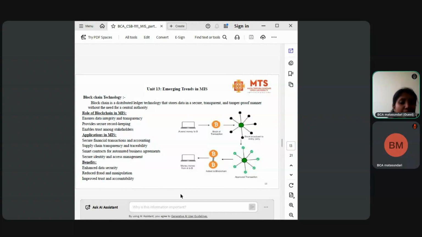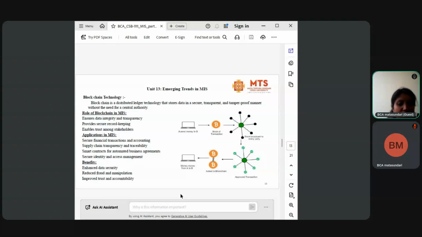The applications: first is secure financial transactions and accounting, and second is supply chain transparency and traceability, smart contracts for automated business agreements, secure identity and access management. The benefits: enhanced data security, reduced fraud and manipulation, and improved trust and accountability.